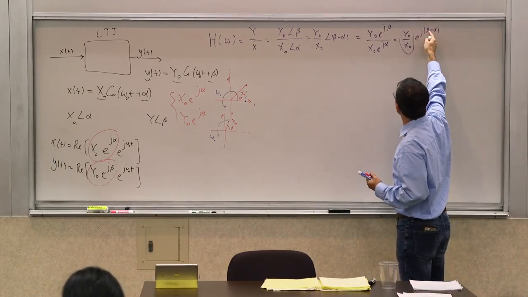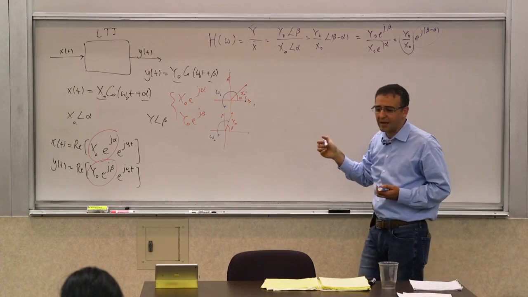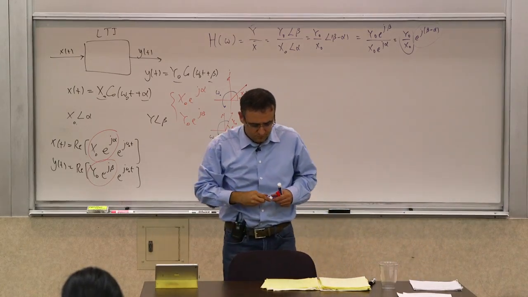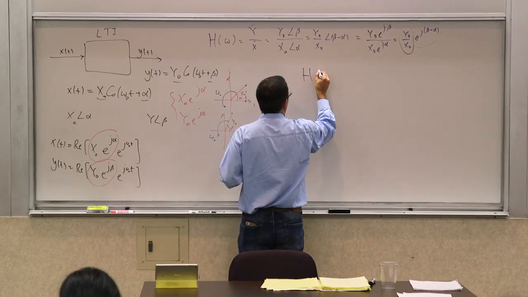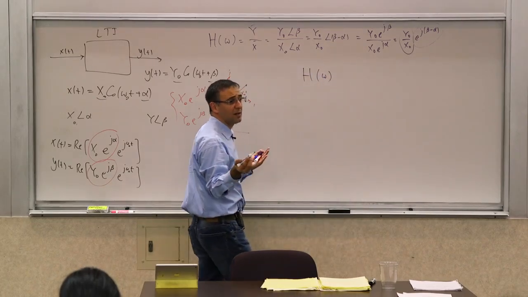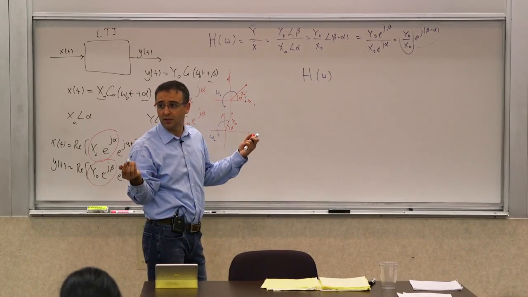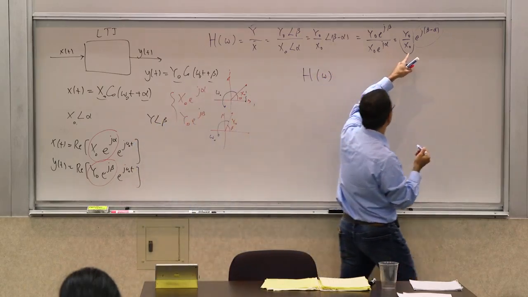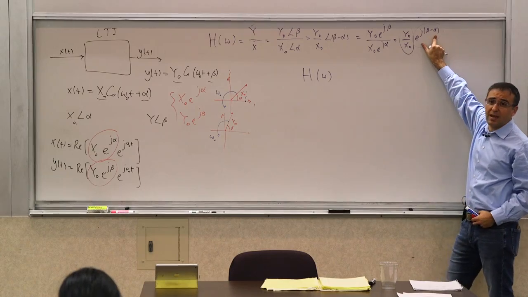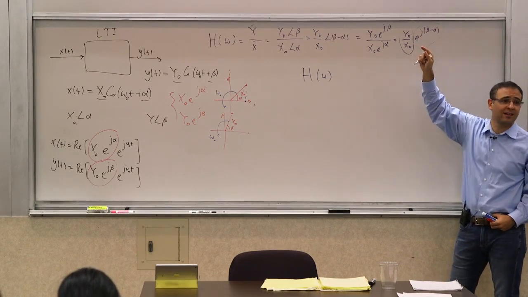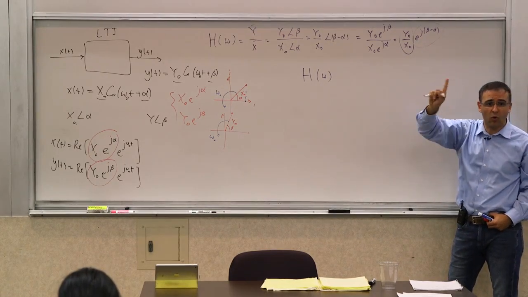Of course, these are in general functions of omega. So in principle, you can write this h of omega. This h of omega now is also a complex number, as you can see, in general, right? Because it has a magnitude and it has a phase. Remember, the magnitude of e to the j beta, to e to the j anything is what? 1.